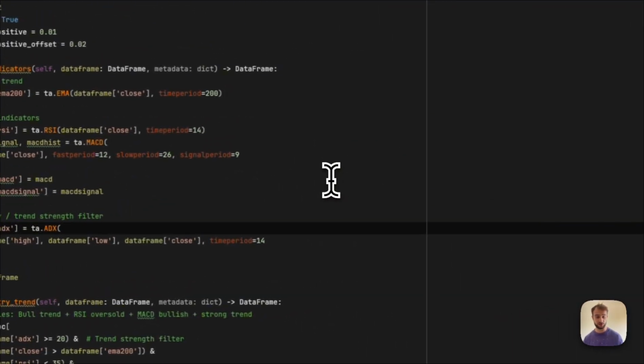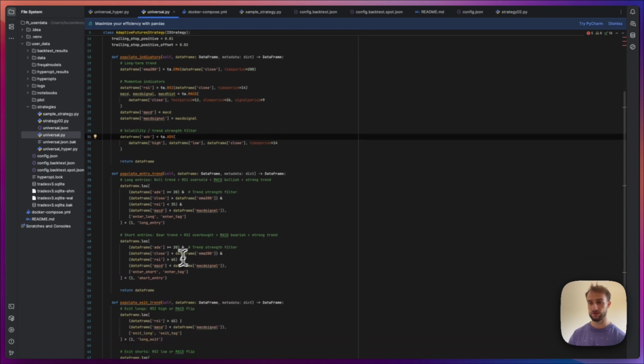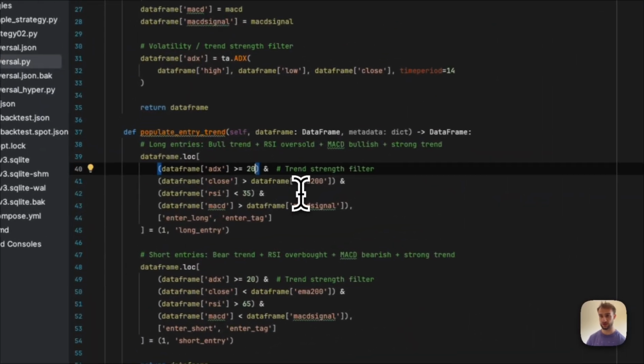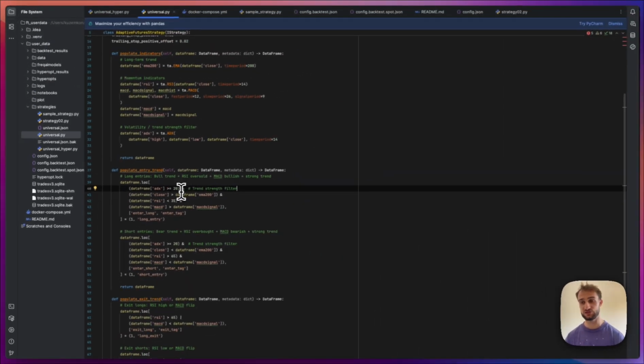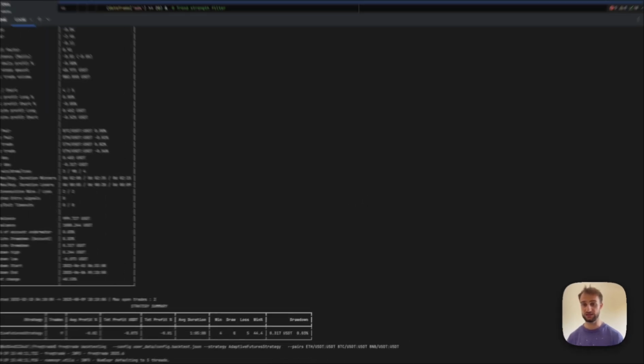ADX is basically a technical indicator that shows us the strength of the market direction. It can vary from 0 to 100, and we can see how we're filtering. If the trend strength is lower than 20, so we don't see any strength, we just don't enter the market. We expect at least 20 confidence that the market has set a direction. So let's rerun the same test, just with the ADX condition.